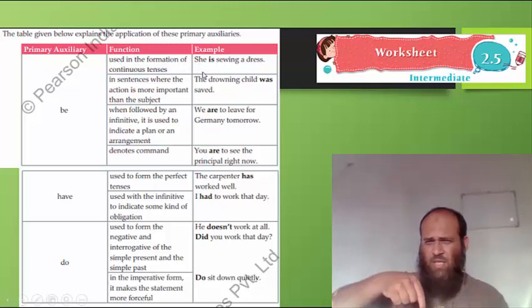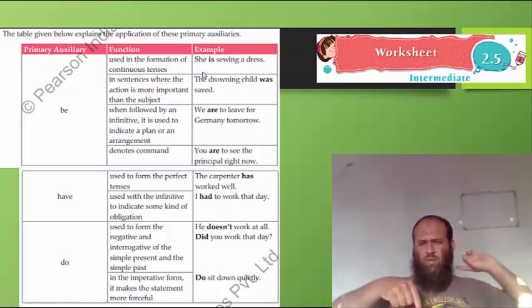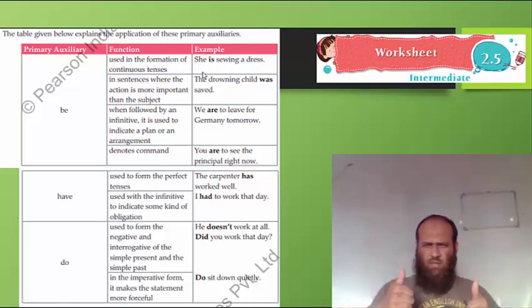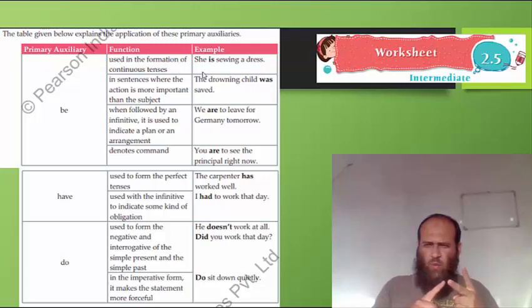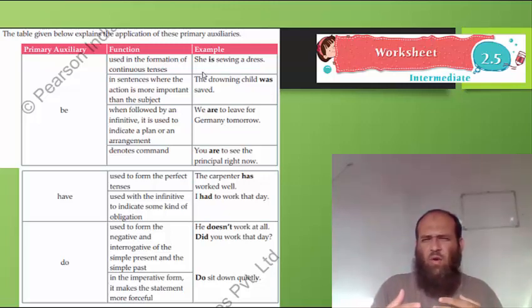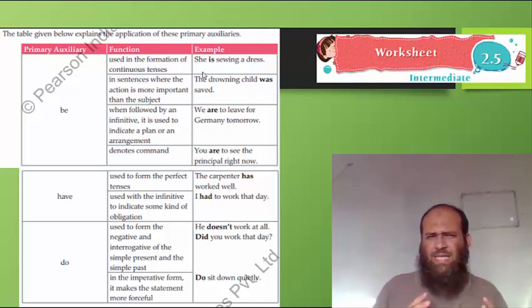She was sewing a dress. I am teaching. We are teaching. He is teaching. She is teaching. I was teaching. We were teaching. These are the examples used with auxiliaries for continuous tenses, present and past.